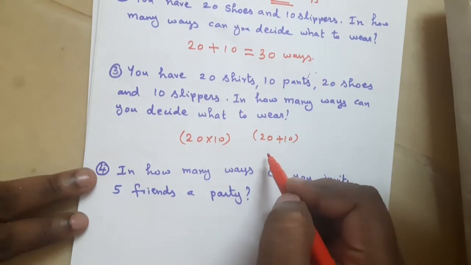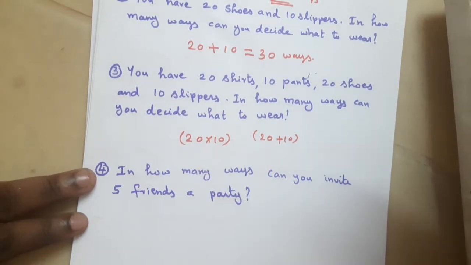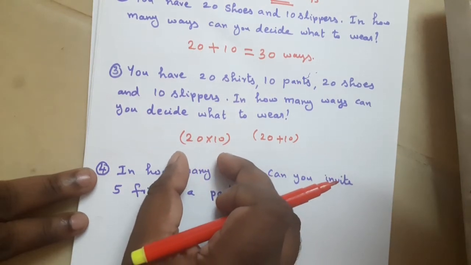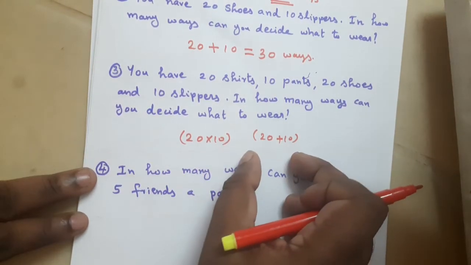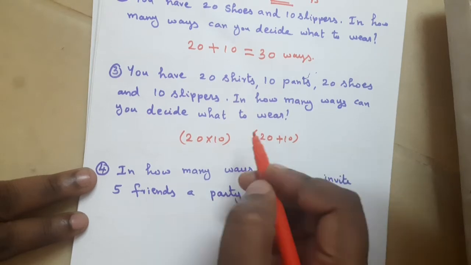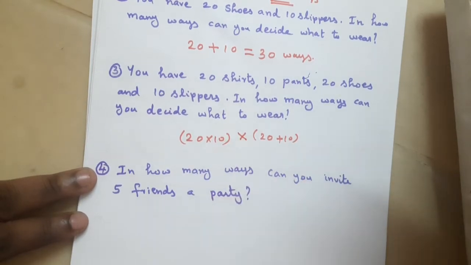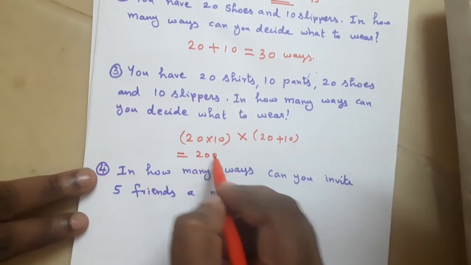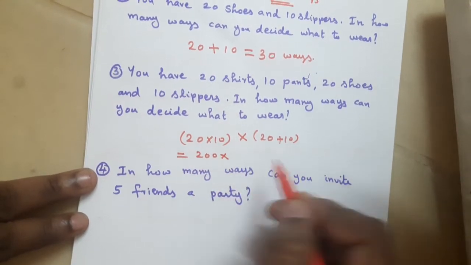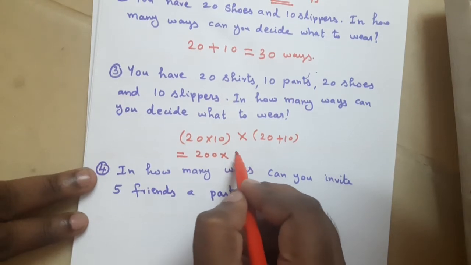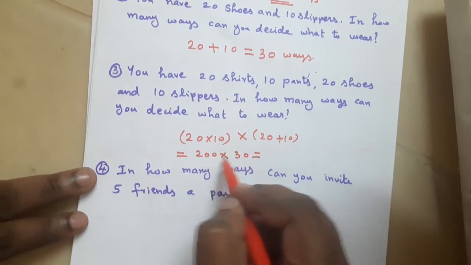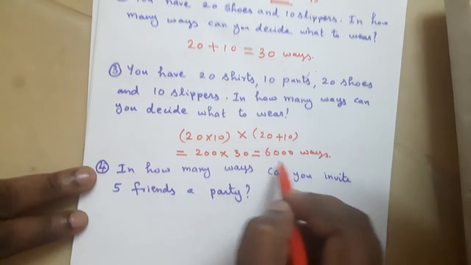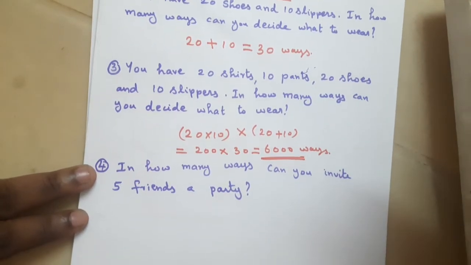Or means plus, and means multiplication. Next, we can wear shirts and pants and shoes or slippers, so we use multiplication here. So the answer is 20 into 10, 200, into 20 plus 10, 30, which is equal to 6,000 ways. 6,000 ways is the correct answer.